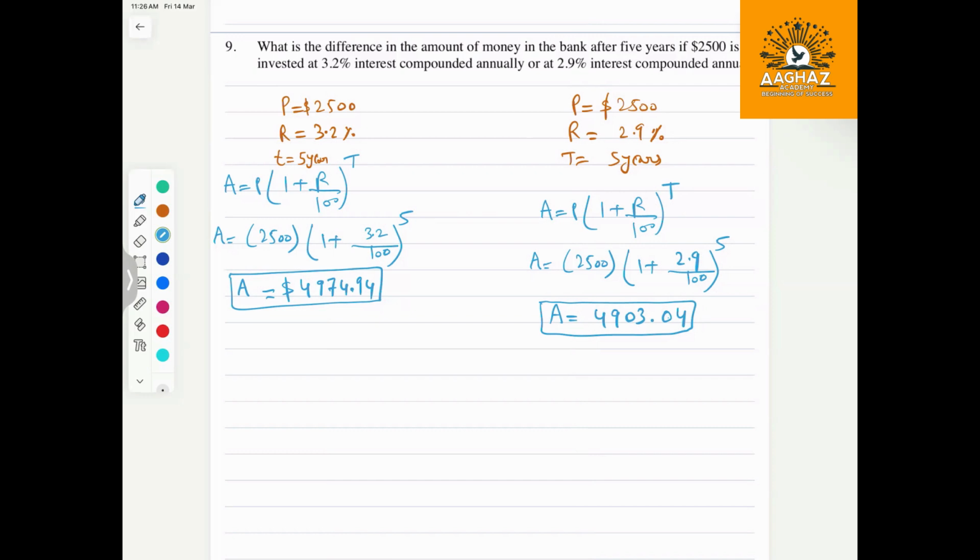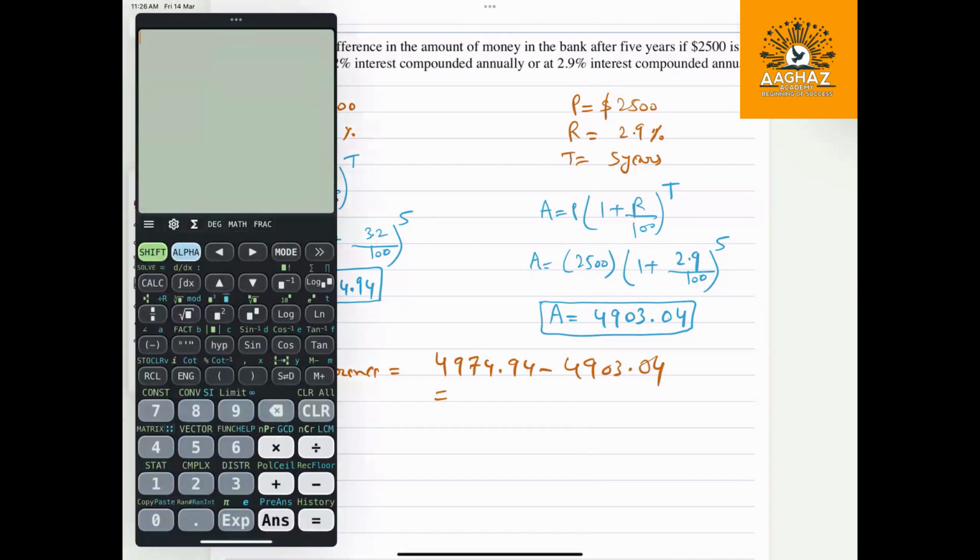And you want to find the difference in amount. Okay, so the difference will be 4974.94 minus 4903.04. In this way we can find the difference.